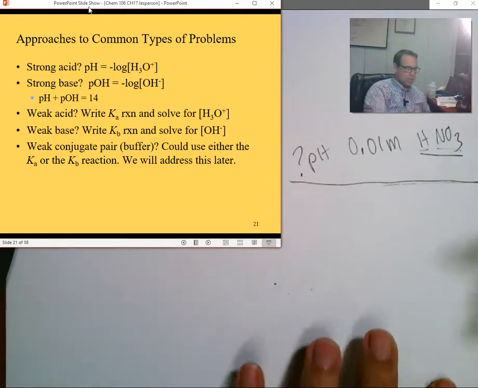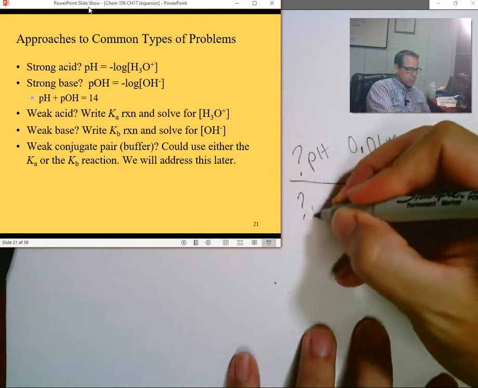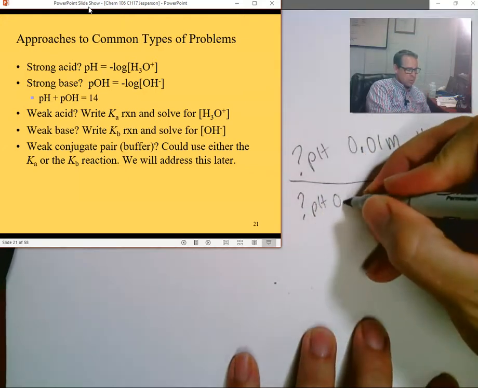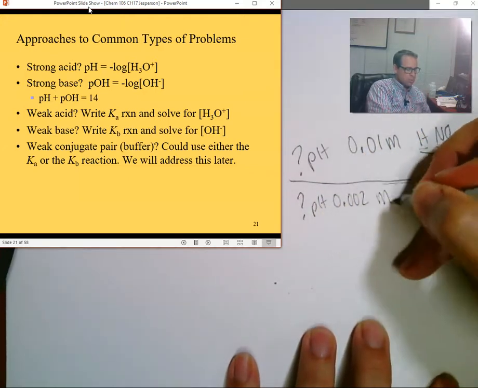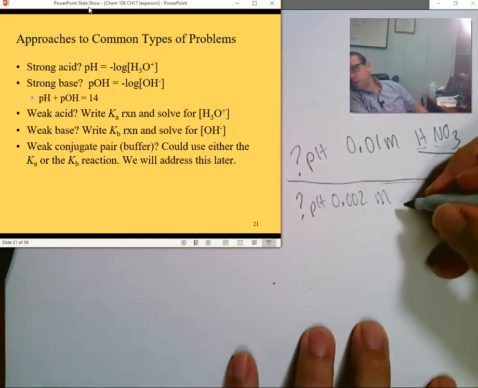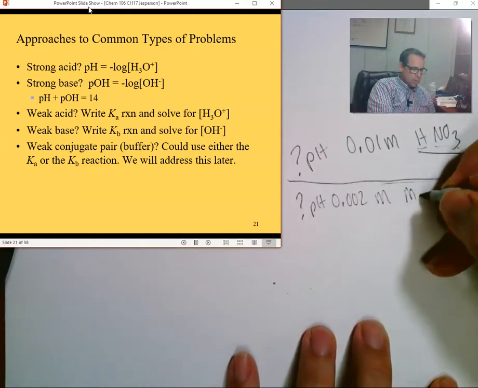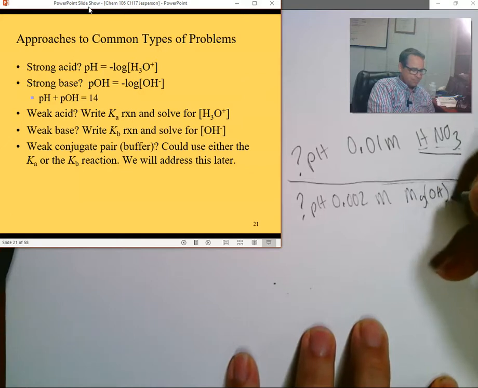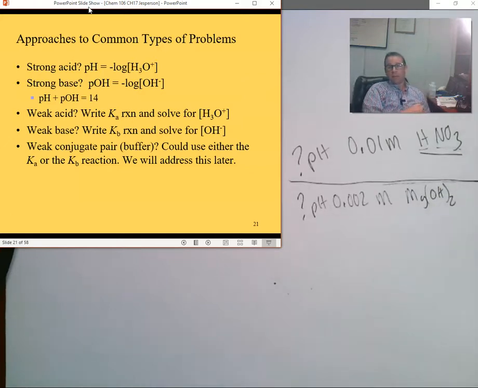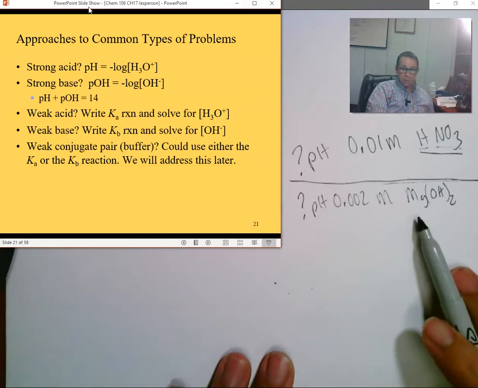In the solution of a strong base, so for example, what's the pH of a 0.002 molar solution of magnesium hydroxide? All right. In this scenario, we have a strong base here.